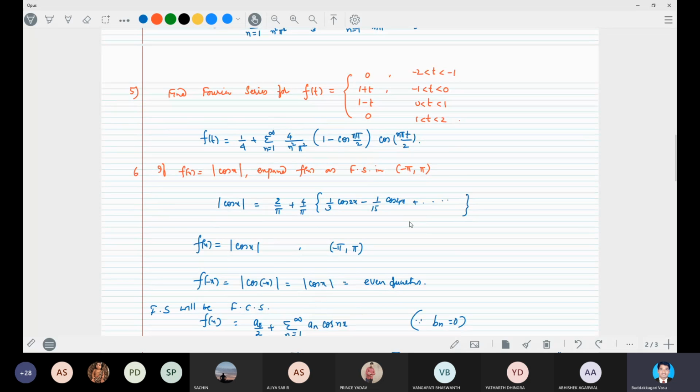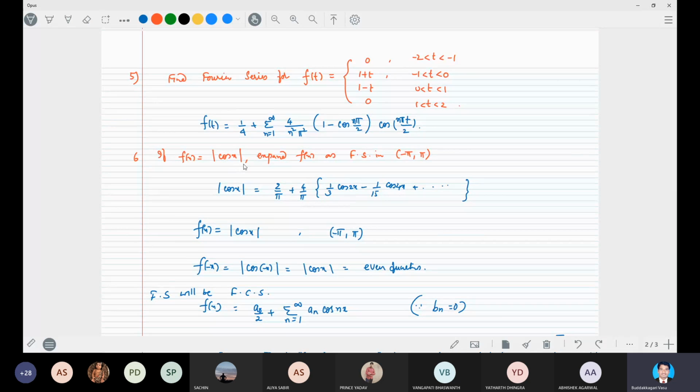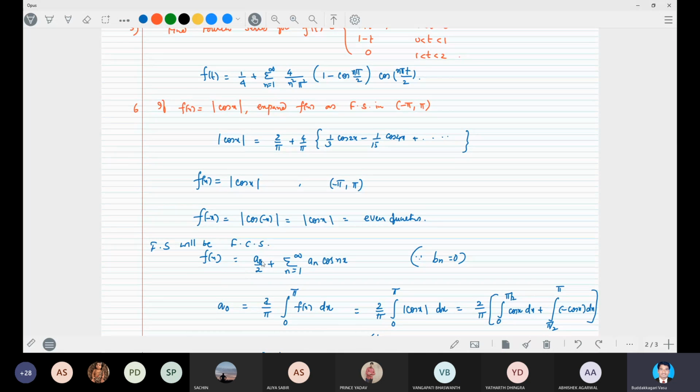The sixth one is to find the Fourier series expansion for modulus cos x. So modulus cos x is an even function, right? F of minus x is equal to f of x. So therefore, obviously bn is equal to 0, right? So it gives you only the Fourier series a naught by 2 plus sigma n equal to 1 to infinity an cos nx, right?